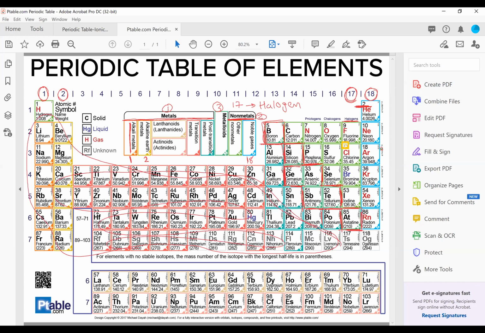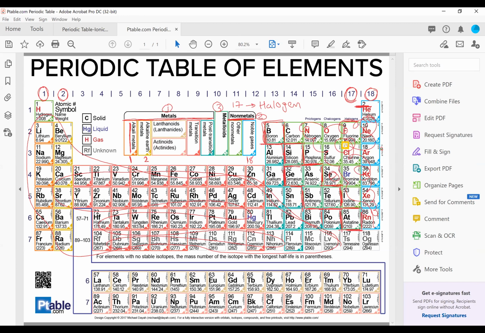So all the elements on the left side of the metalloids, or in general the left side of the periodic table, are referred to as metals. The right side of the stair, the other side, are called non-metals. And the line that separates them is called metalloids.